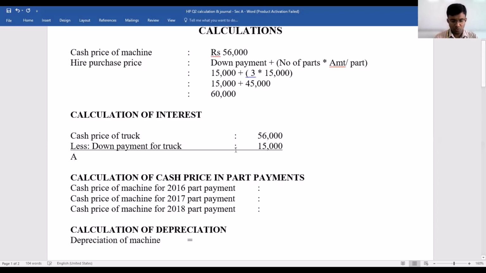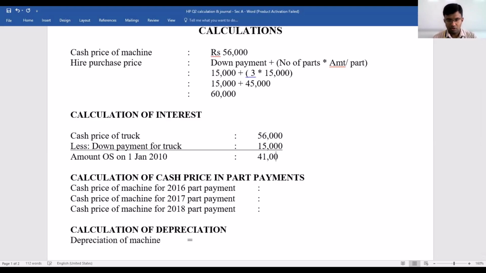When you do so, you would get the amount outstanding on 1st Jan 2010. So this was 56,000 minus 15,000, which was 41,000.